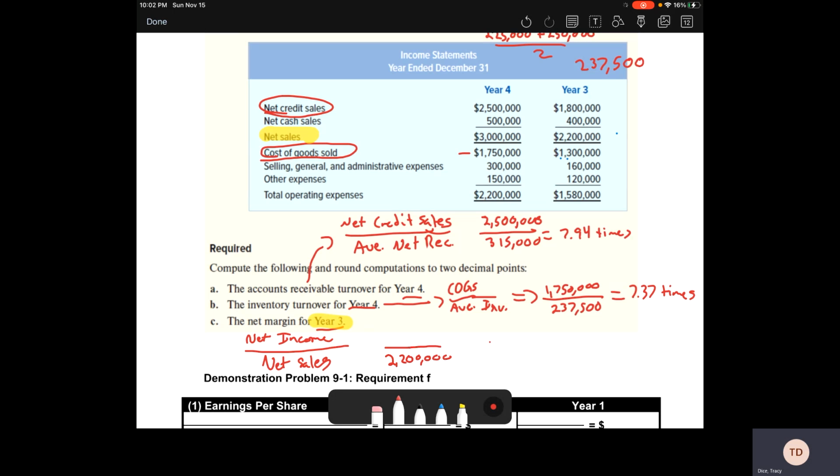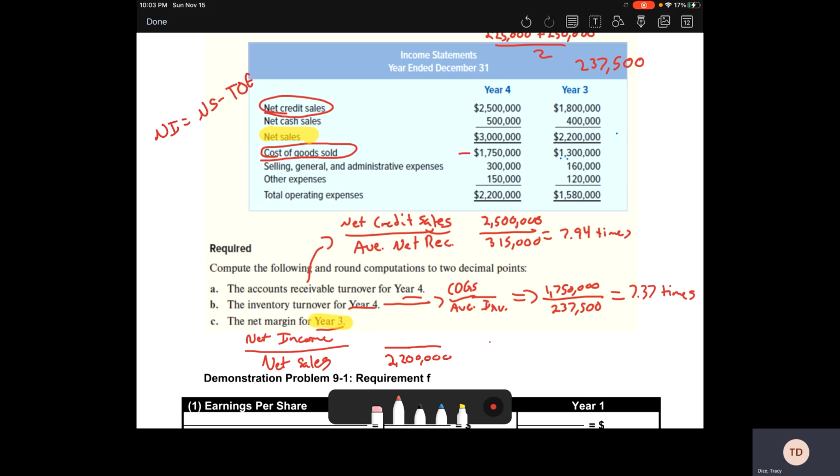But now we've got to figure out our net income, and they don't tell us the net income. So we've got to think about it and say, okay, well, how do we find net income? Well, you do that by taking your net sales and subtracting out your total operating expenses.